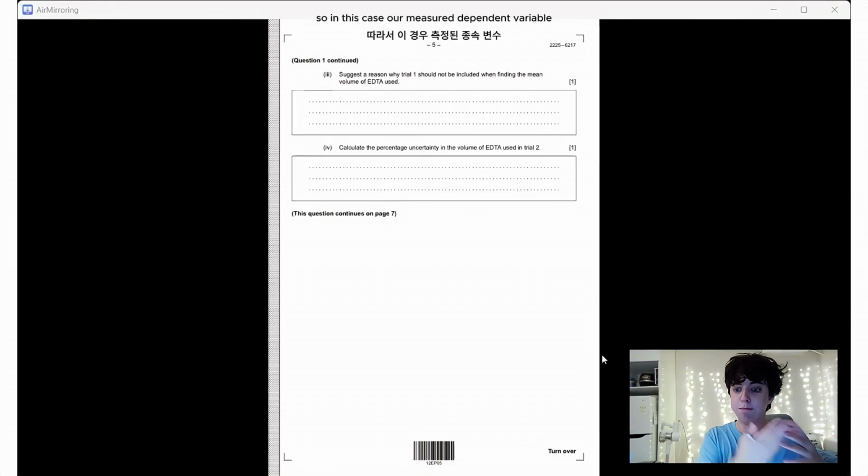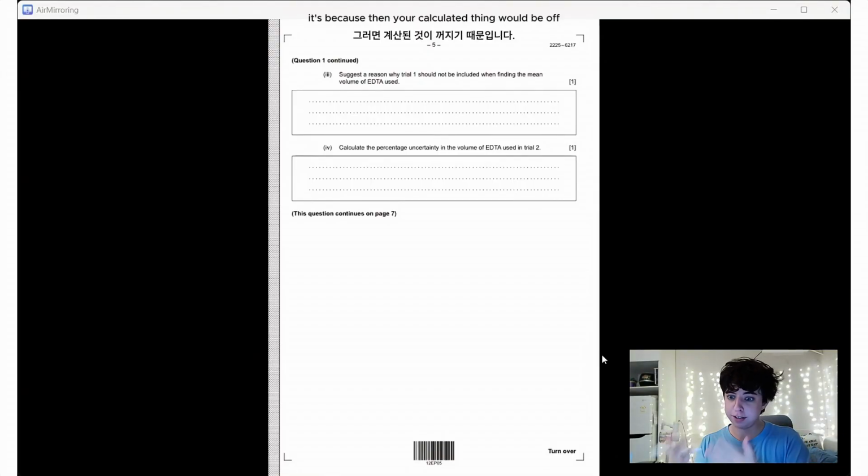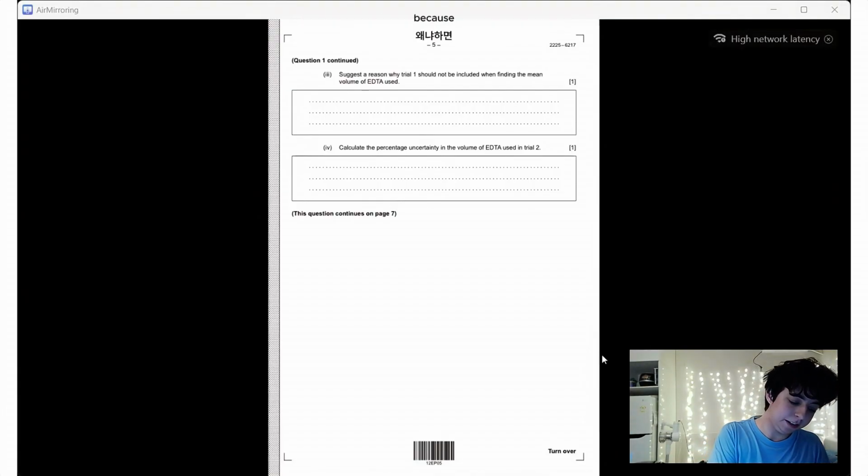In this case, our measured dependent variable would be the volume of EDTA used, but our calculated would be the concentration of Ca2+ ions. Usually whenever you have an outlier, your calculated value would be off. Okay.